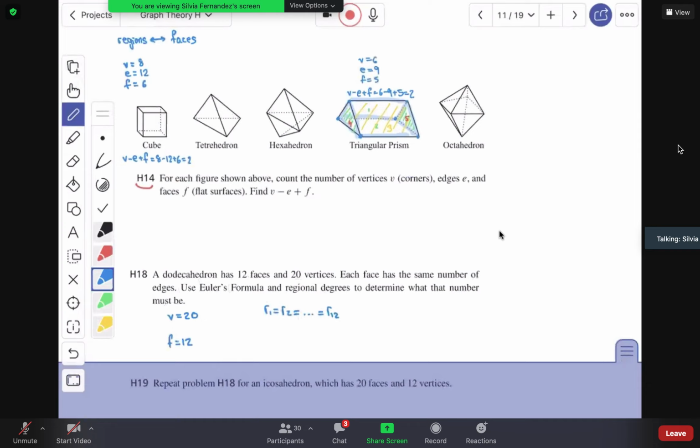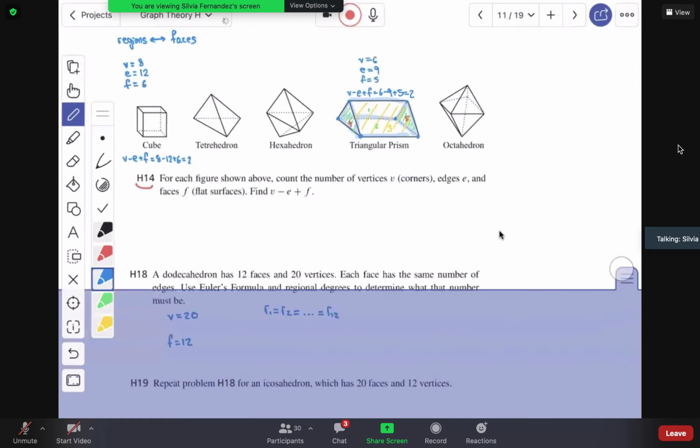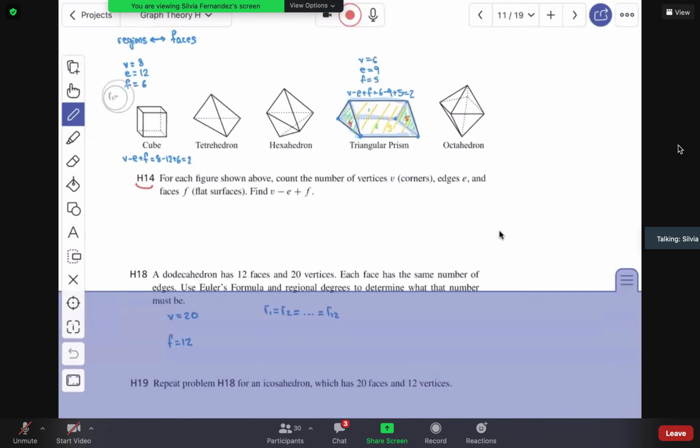That's just the number of vertices, or the number of edges, in each face. So for example, the regional degrees in the cube: there are 6 regional degrees because there are 6 faces.